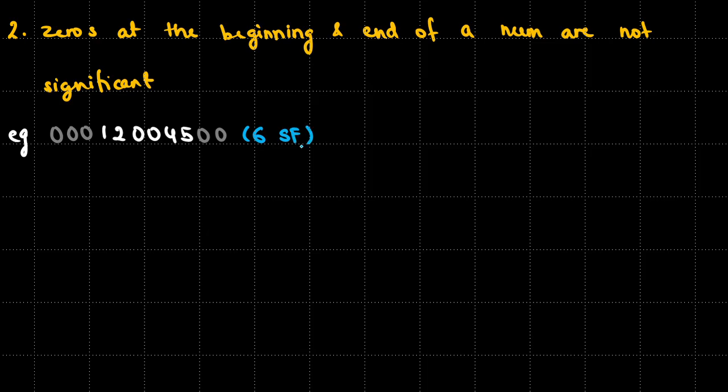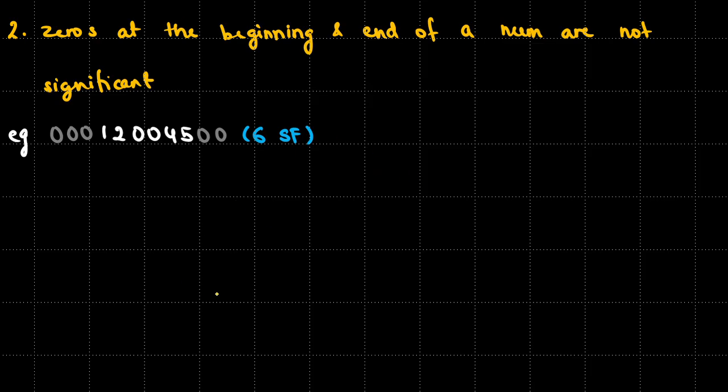From my previous explanation, you might understand why the 3 zeros in front would not be significant. But what about the 2 in the end? I did not talk about that, so let's talk about that right now. Let's talk about why the 2 zeros in the back are not significant.